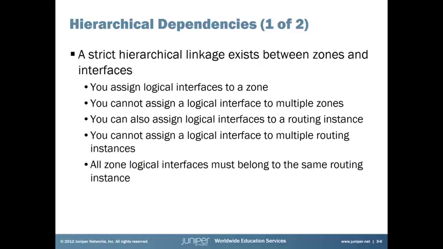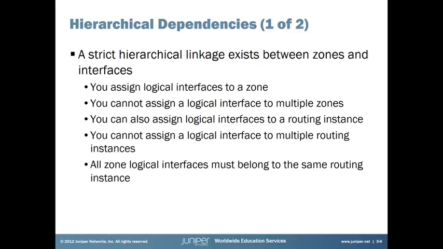Nothing wrong with that. Okay, so what we're going to do is we're going to be assigning interfaces to the zones that we create, and thereby we are putting network segments into those zones, because of course our interfaces are attached to a network segment, and therefore that network segment then becomes part of that zone.